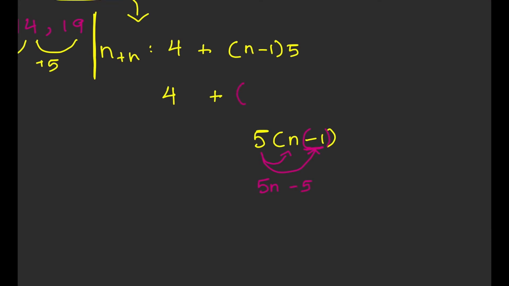So this becomes 5n minus 5. The brackets are not required, so we've expanded it. Let's keep 5n aside because it's one term that is not like the other terms of this expression. Now we have 4 and negative 5. So 4 minus 5 is negative 1. And now we have our official nth term, 5n minus 1.